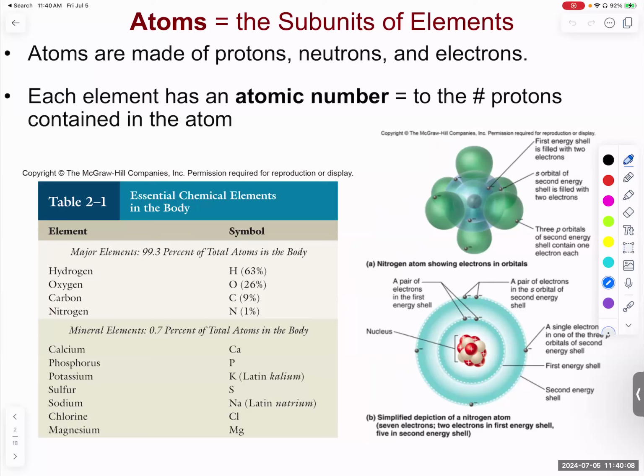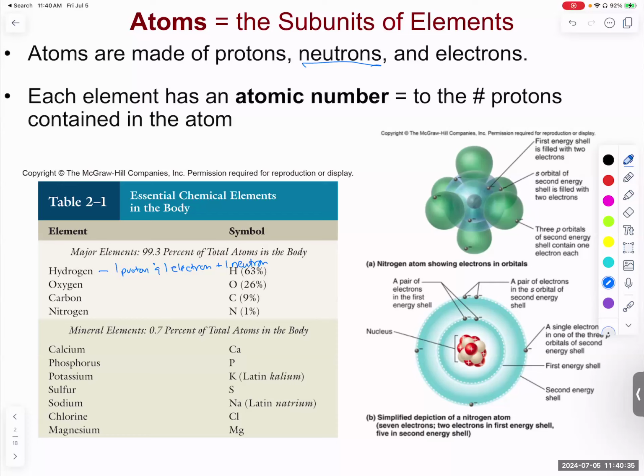And each one of these elements, like hydrogen, is going to have one proton and one electron. And atoms also have something called a neutron. And so it's also going to have one neutron. And so atoms have an atomic number on that periodic table.